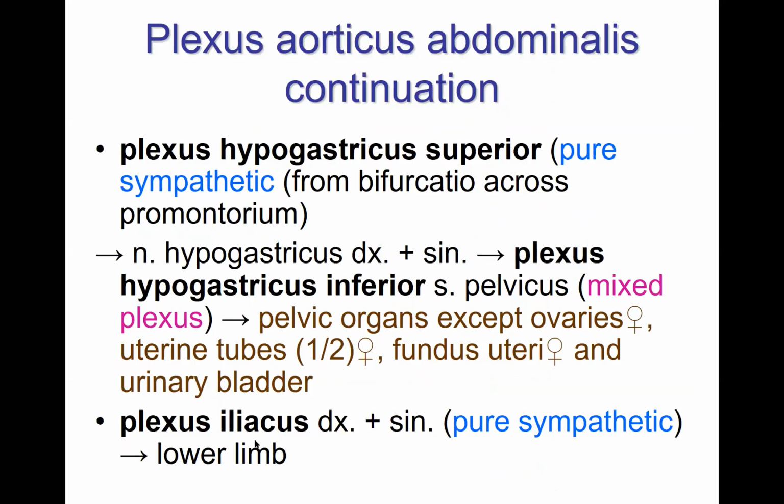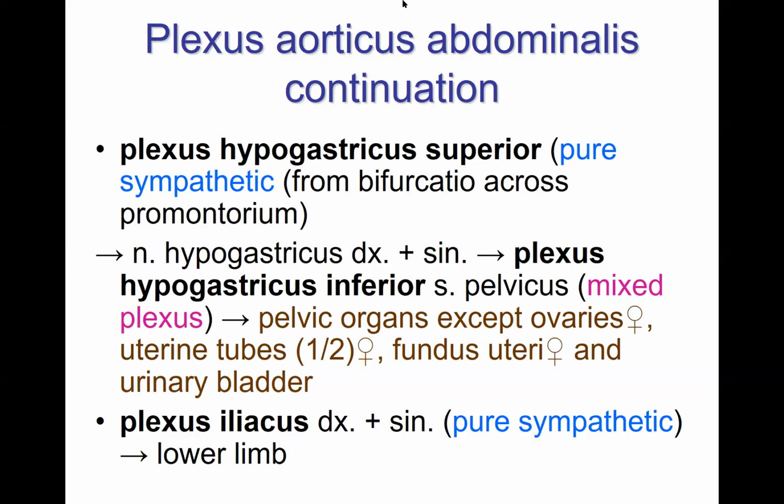So it also supplies the whole lower limb via common iliac, external iliac, femoral, popliteal, and so on, via these plexuses around the arteries, homonymous plexuses. The last information before the break is that the limbs receive only sympathetic fibers.